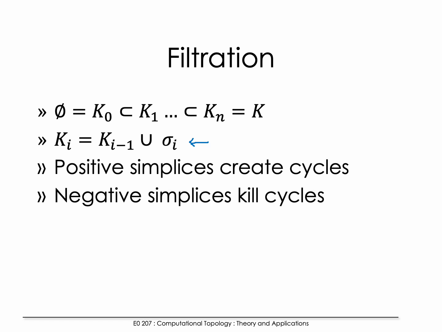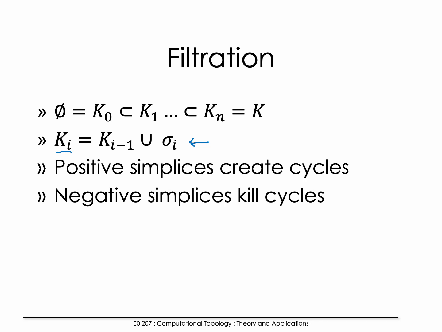Now we order the simplices sigma sub I such that at any step of this construction process, we always have a K sub I, which is a simplicial complex. So this means that before including sigma sub I, all its faces should have already been included into K sub I minus 1.